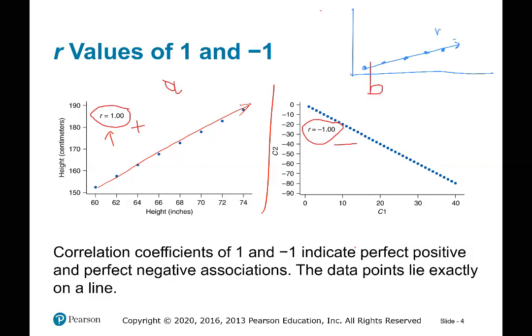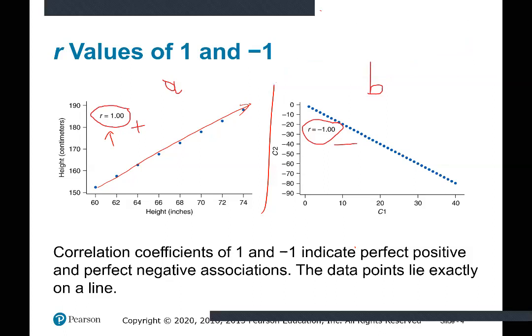So R is still equal to 1. Remember that. Even though it has a different slope from the other one, it still satisfies two things. One is going up. The second thing is all the points are lying on the line. Then the R value is just going to be equal to 1. Okay, so that is the thing I want to tell you about this. Let's move to the next page.